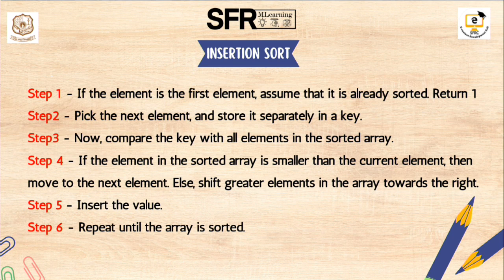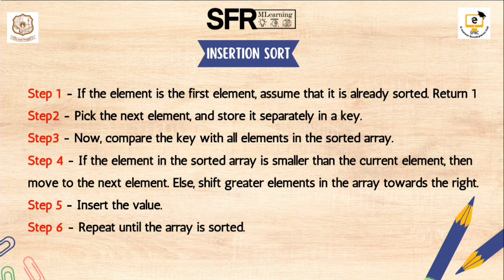Step 3. Now compare the key with all elements in the sorted array. Step 4. If the element in the sorted array is smaller than the current element, then move to the next element. Else shift greater elements in the array towards the right. Step 5. Insert the value. And step 6. Repeat until the array is sorted.